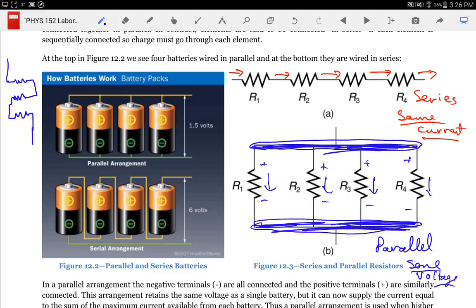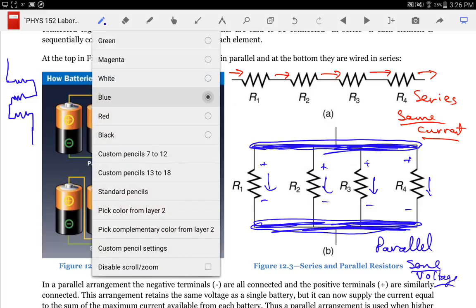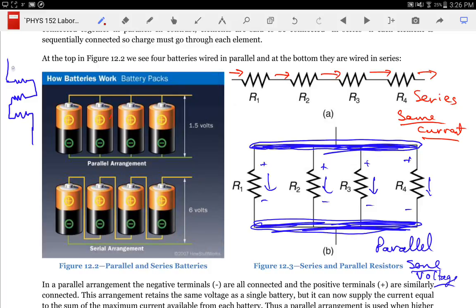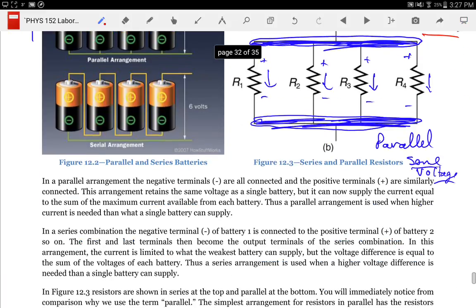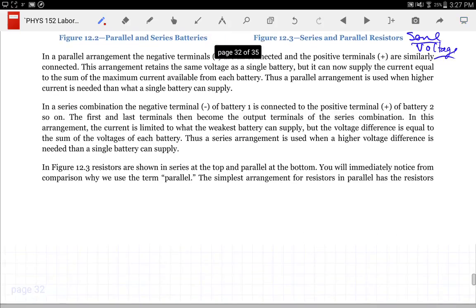Well, just to make sure we understand, you don't just look at the orientations of the resistors to determine if they're series or parallel. You look at the connections. And in this case, I would have had to have my current go through each one, the same current, no way for it to branch off. What about something like this?